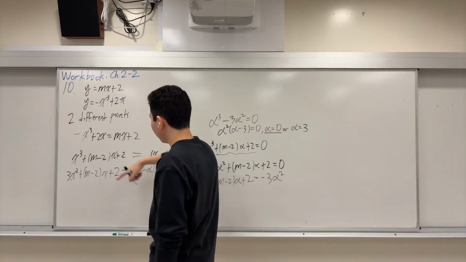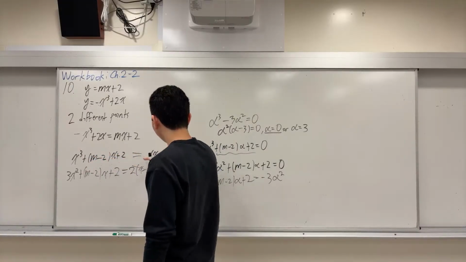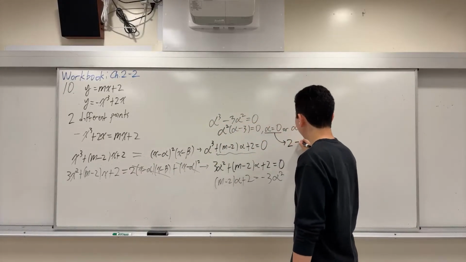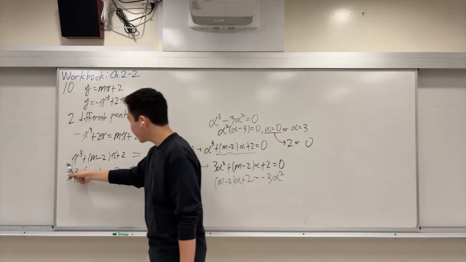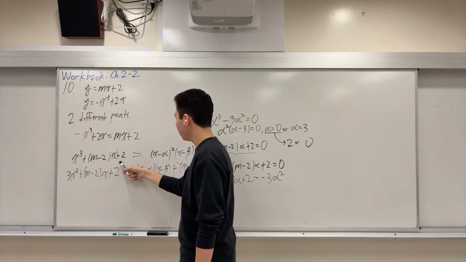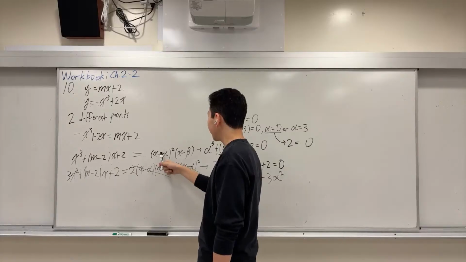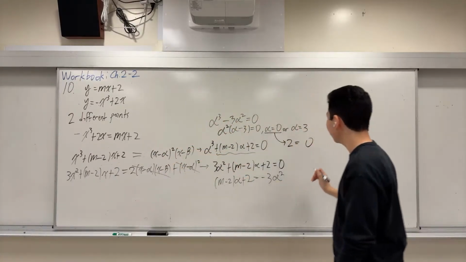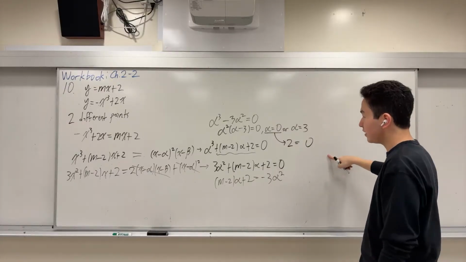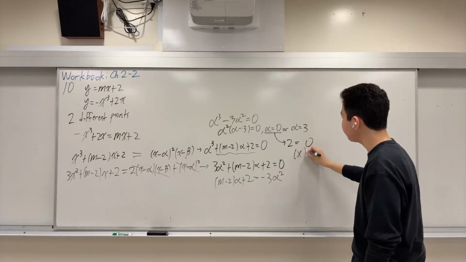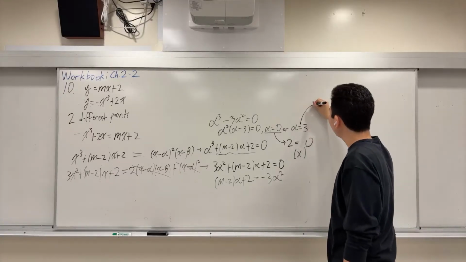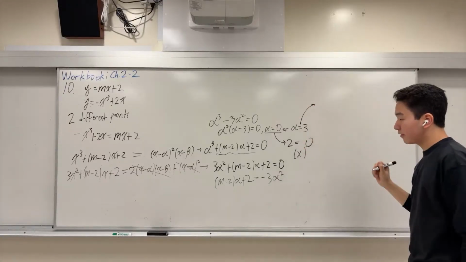If alpha equals 0, we plug in x equals 0. That will give us 2 equals 0, right? Because this is going to be 0, this is going to be 0, and only the 2 will remain. And since alpha equals 0, plugging in alpha will cancel out this entire term, leaving us with the equation 2 equals 0, which would be a contradiction. So alpha equals 0 won't work in our case. So the only available option is alpha equals 3.